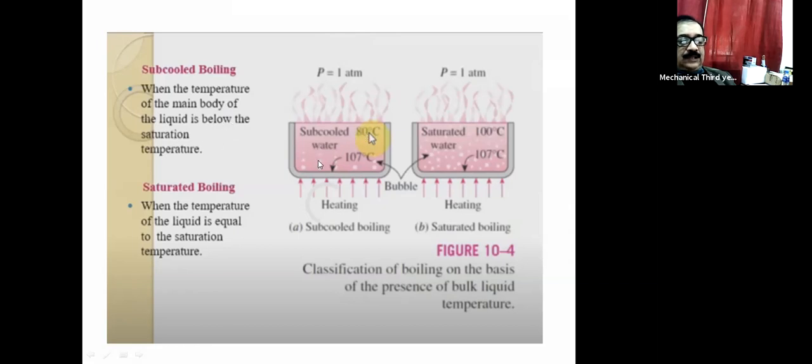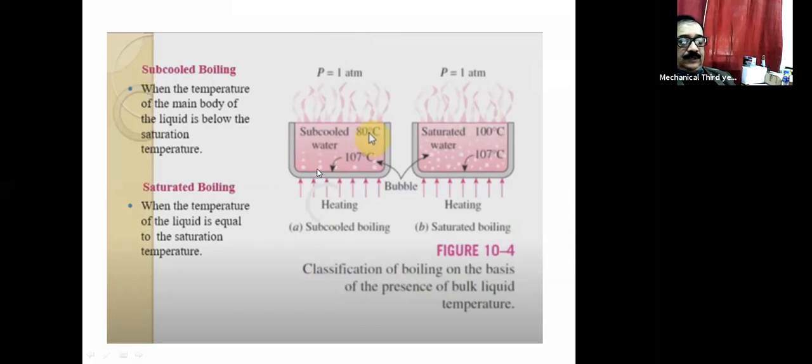As you can see here, this is water. We know that for water at 1 atmospheric pressure, the saturation temperature is 100 degrees Celsius. So when the temperature is less than that saturation temperature, boiling will still take place, and that we call subcooled boiling.